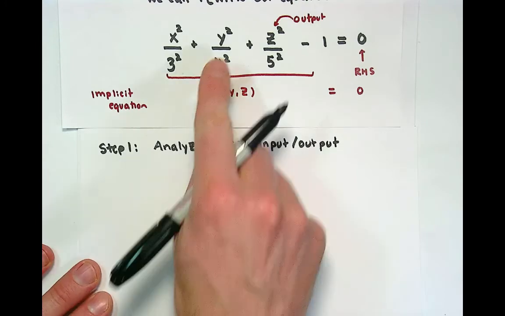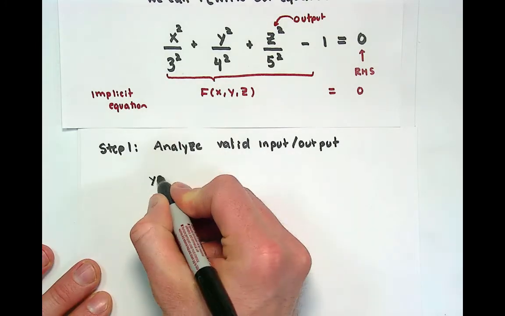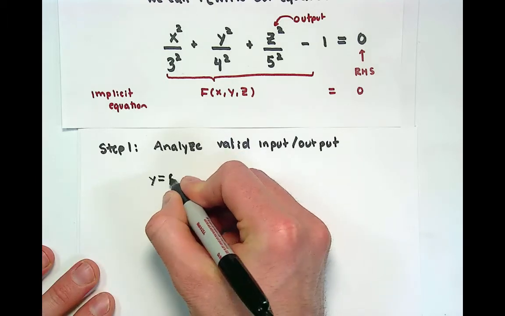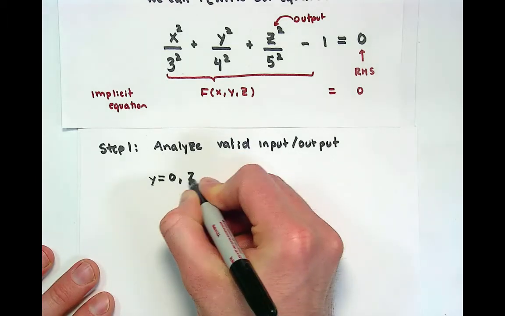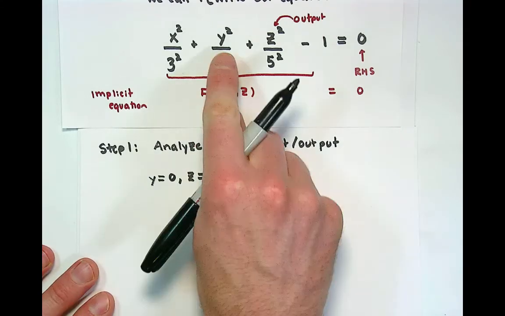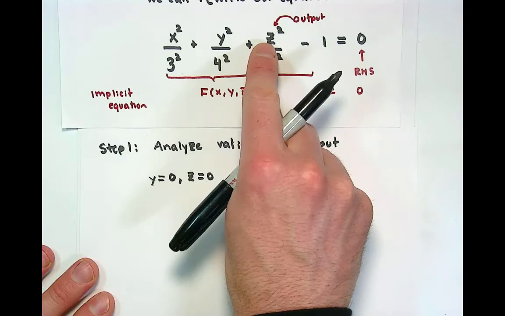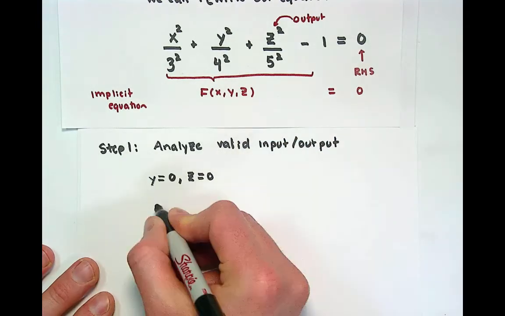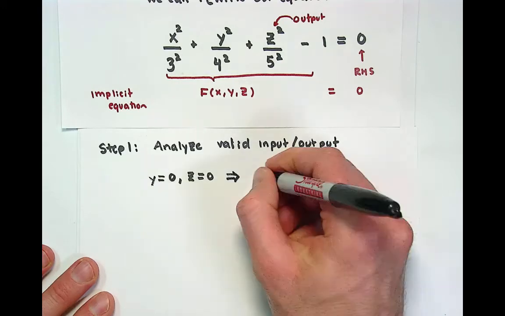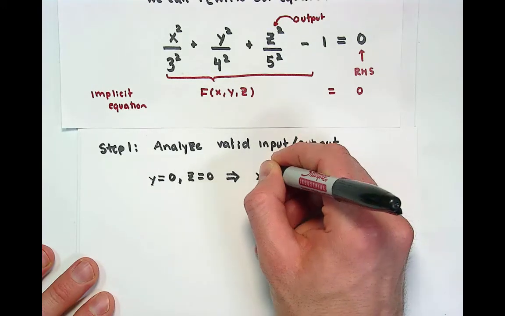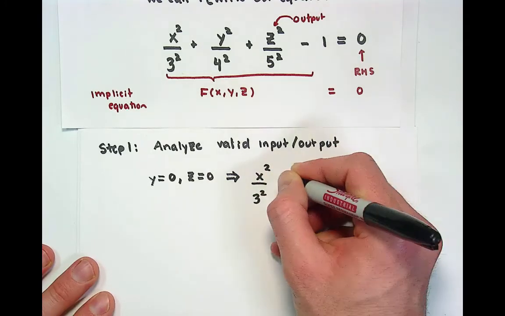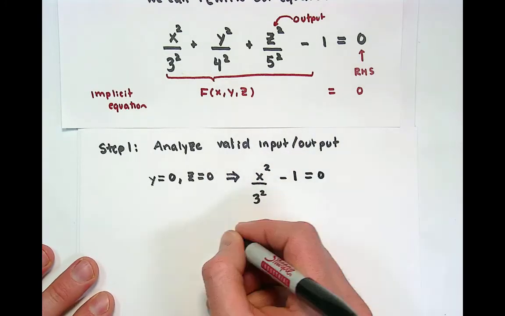To start this process, notice that we can do the same type of thing that we did earlier in lesson 5 videos, which was to simplify our work and look only along each axis. So suppose that we set y and z equal to 0, which would immediately imply that the only variable non-zero would be x, and then on the bottom we have 3 squared. Here we have minus 1 equal to 0.